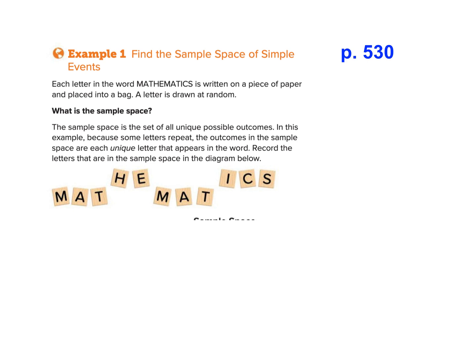All right, so then if the letters of a word are written on pieces of paper and placed in a bag, and they draw a letter at random, the sample space is all the different unique possible outcomes. So even though some letters repeat, the outcomes in the sample space are the unique letters that appear in the word.